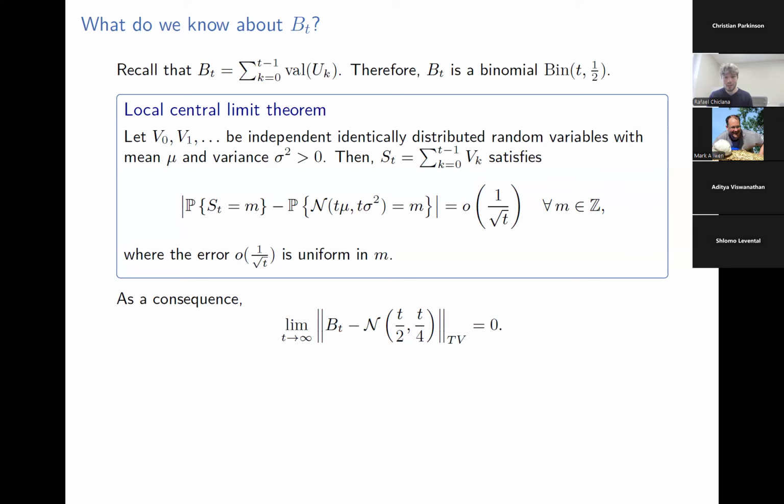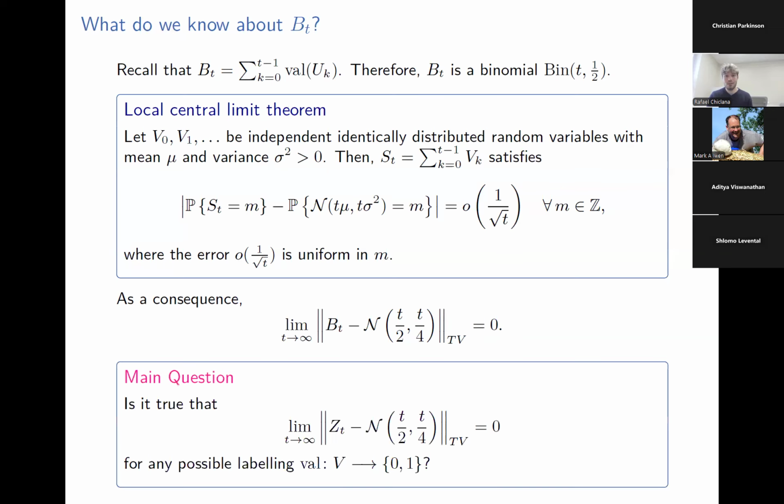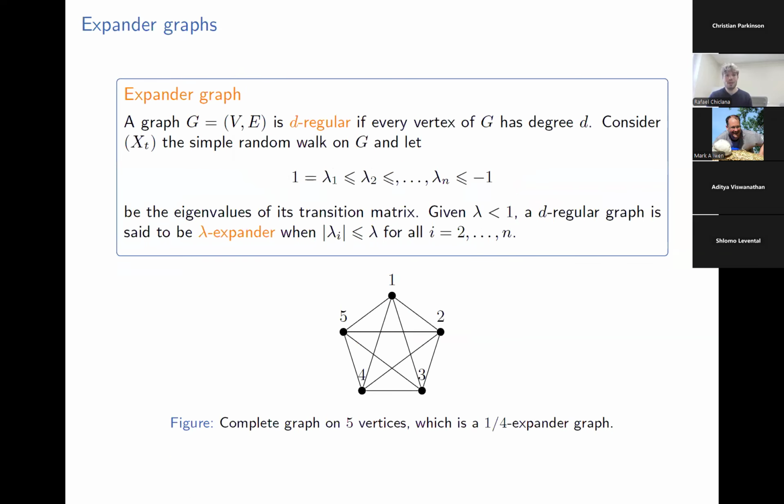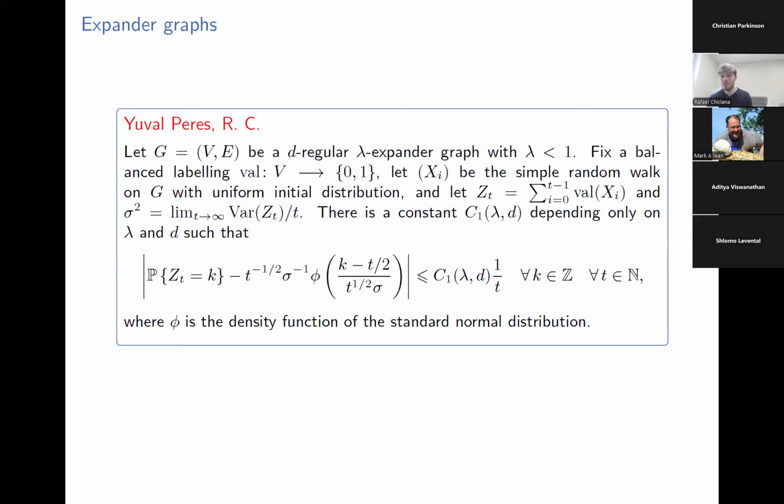So even if you want to study local central limit theorems for some distributions, if you want to study the binomial distribution, for example, you can just create a graph that when you assign zeros and ones, your simple random walk will behave as a binomial distribution.